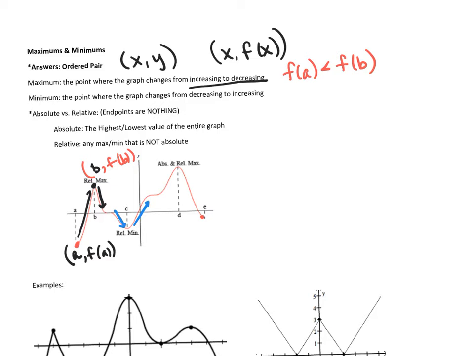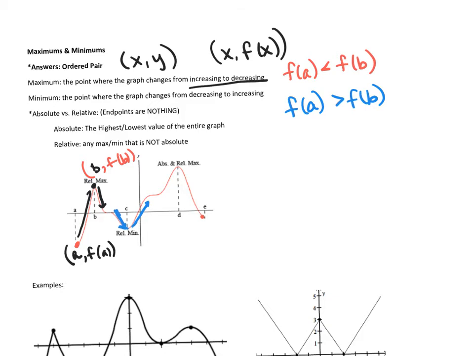For a minimum, again, using that same notation, if this is the first point right here, and then we go to this point, we see that again, if we're calling those points A and B, this time f of A will be greater than f of B. So the first y value, let's start here, is greater than this y value. That's what this is saying.